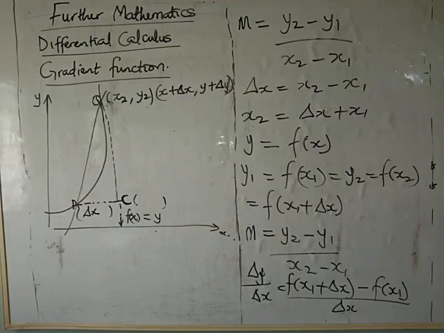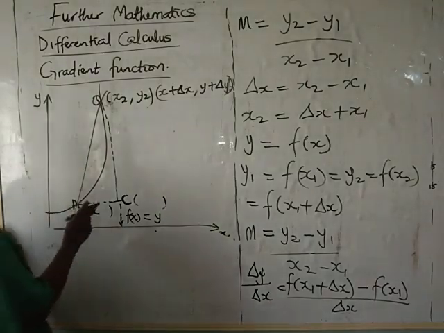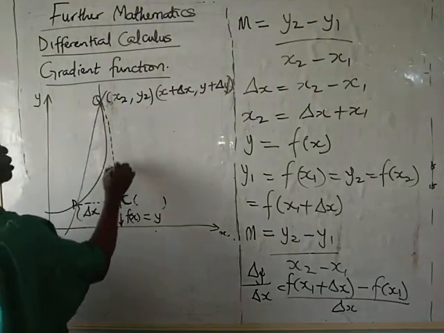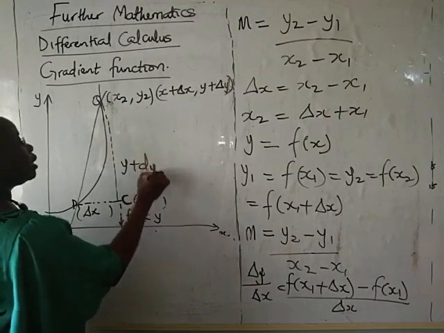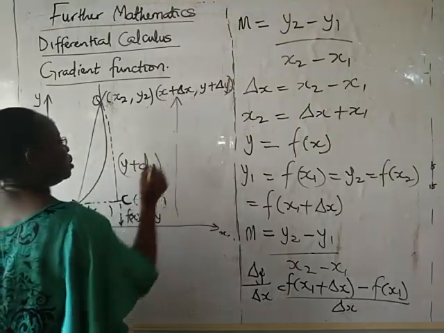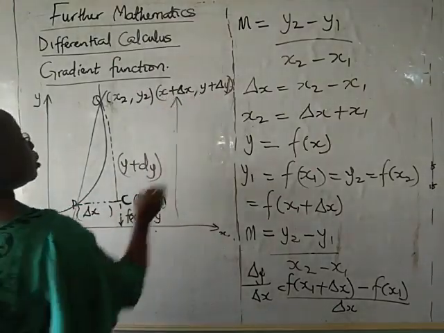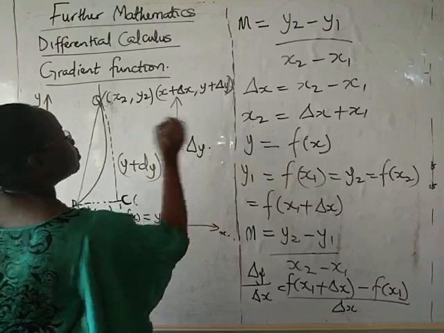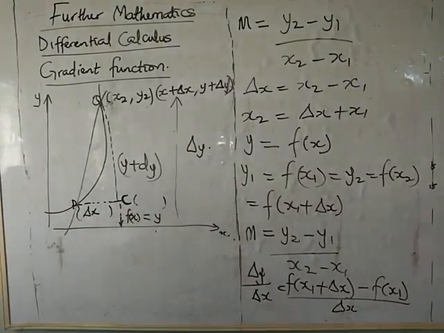As I've explained earlier on, as the point is moving from this place to this place on the y-axis, I have y plus delta y here, and the whole here will give me the rate of change of y, which I call delta y. So from the gradient function, we can guess what we can obtain from there. Can we guess what we can obtain from there?